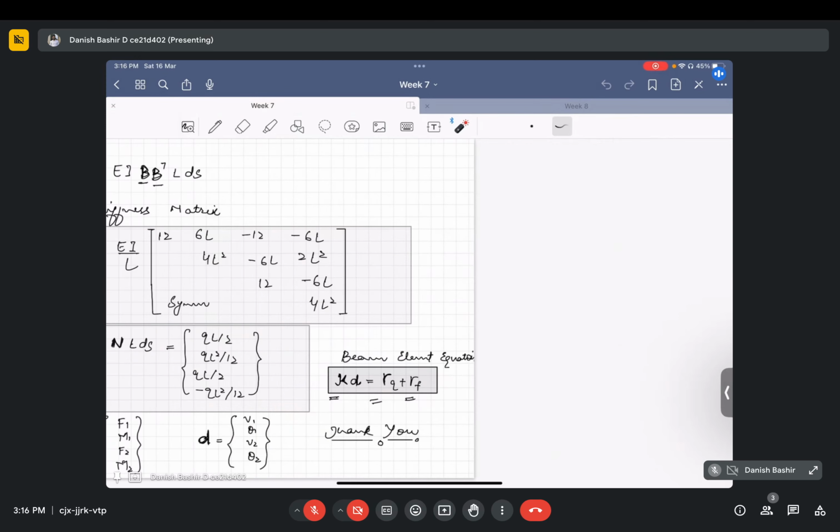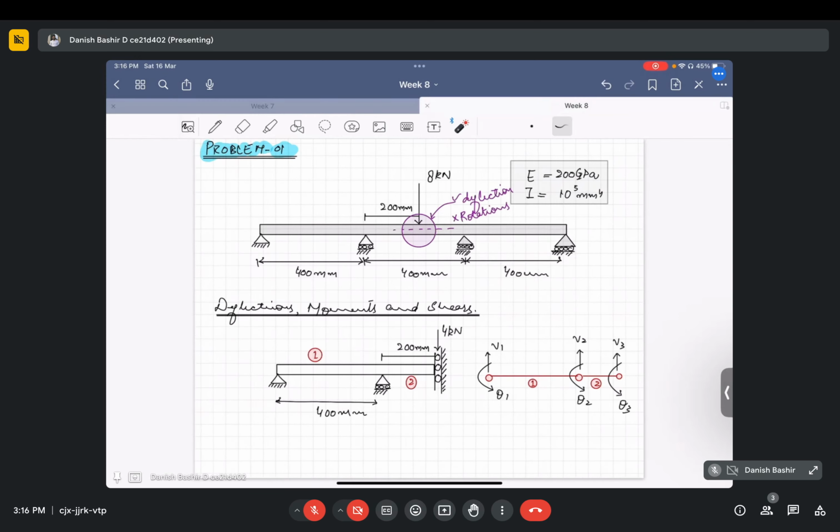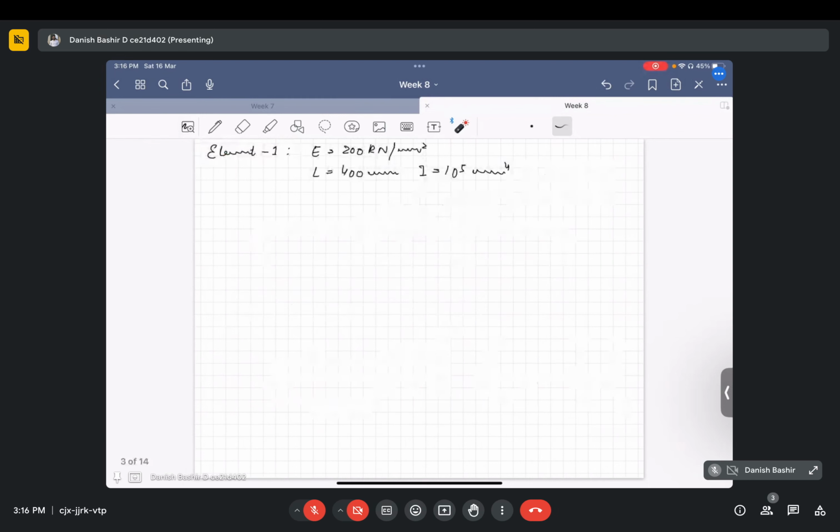So first let me write the stiffness matrix. For a beam element, you have to remember that KD is equal to RQ plus RF. All are matrices, so we have to bold them.